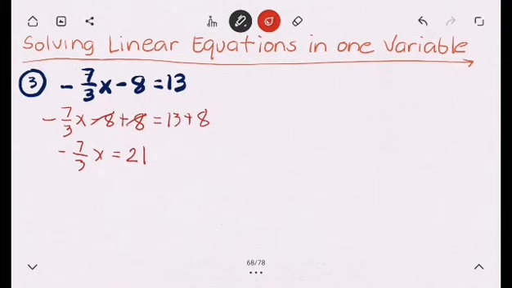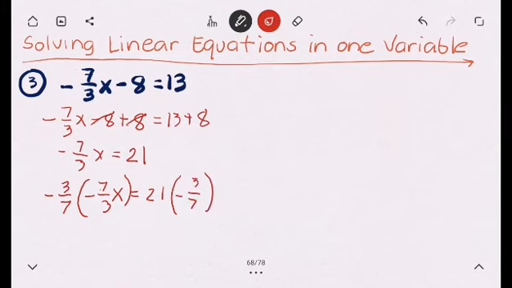Kukunin natin yung multiplicative inverse ng negative 7 over 3 or yung kanyang reciprocal which is negative 3 over 7. So imultiply natin sa left at right side ng ating equation. Okay. So this is equal to 21 times negative 3 over 7.